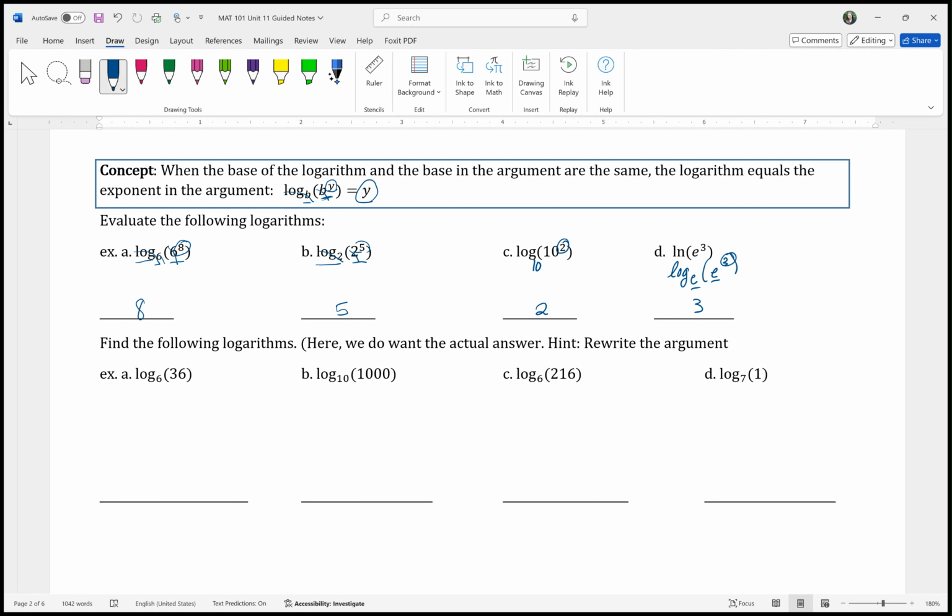All right, looking at our next set here, we want to find the logarithms, but we do want the actual answer, and we are going to rewrite the argument. So that means we need to rewrite this to have the same base as the log. Looking at log base 6 of 36, we have log base 6 of 6 to what power? This is what you have to figure out.